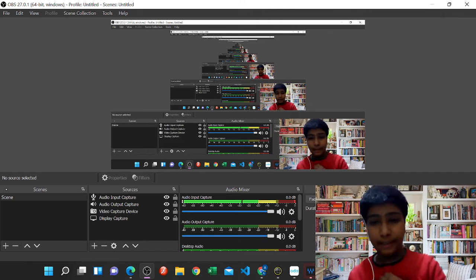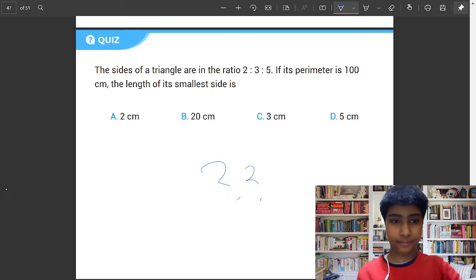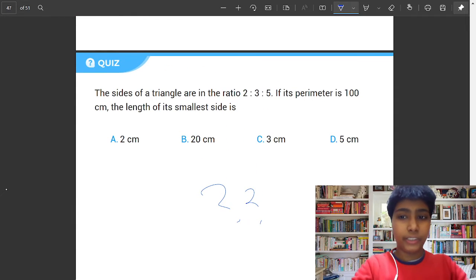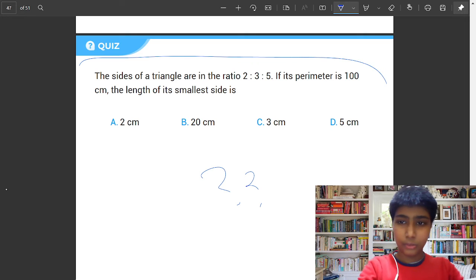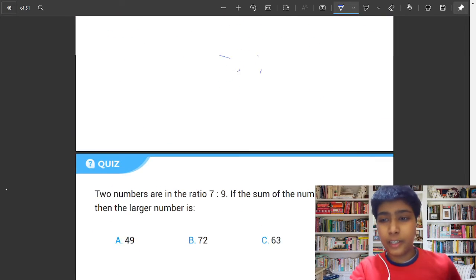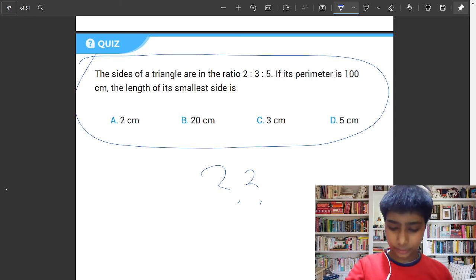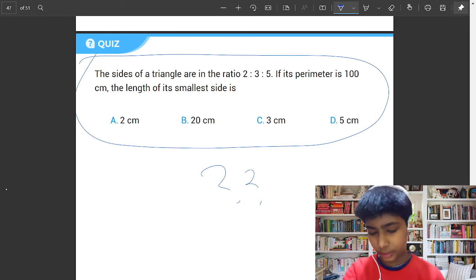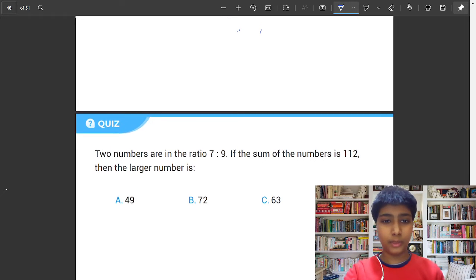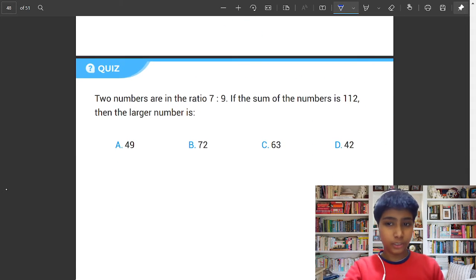This is a very hard question for you, for me, for everyone. So you can stop the video and try it yourself, but please don't just look at the answer on Google.